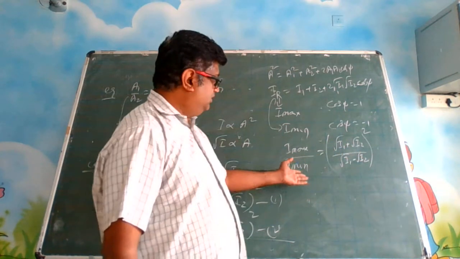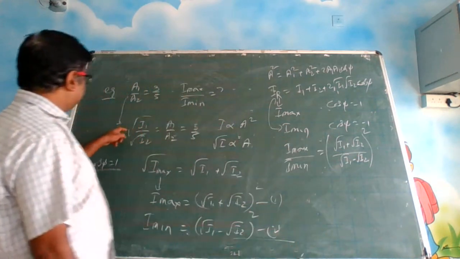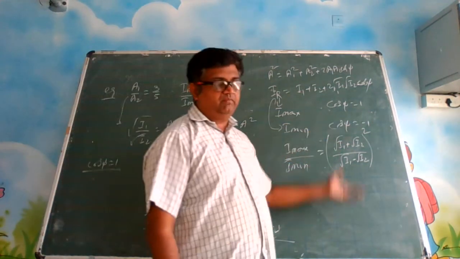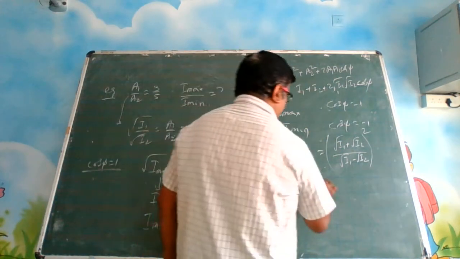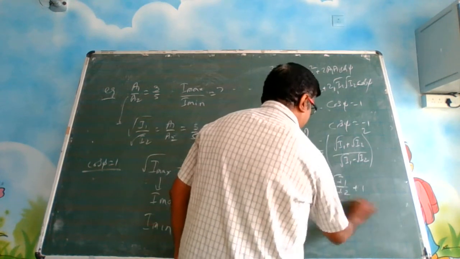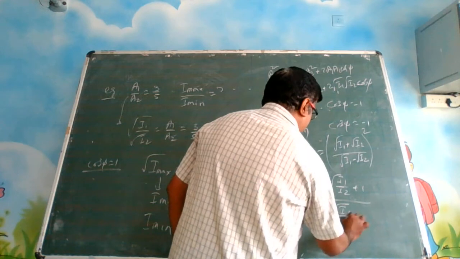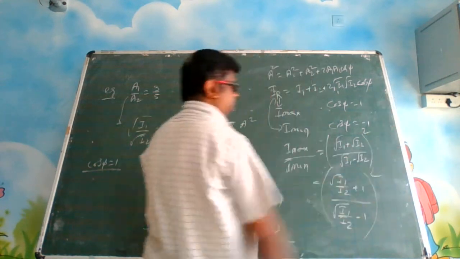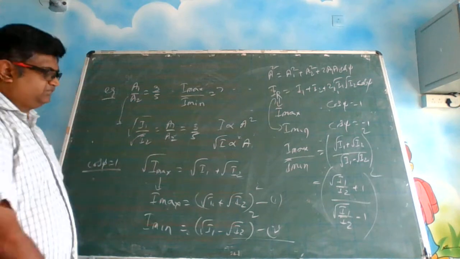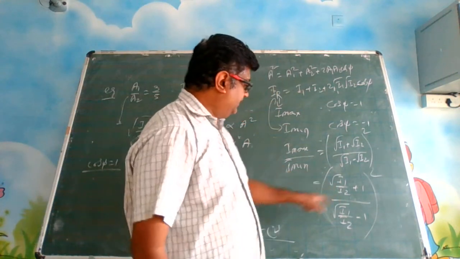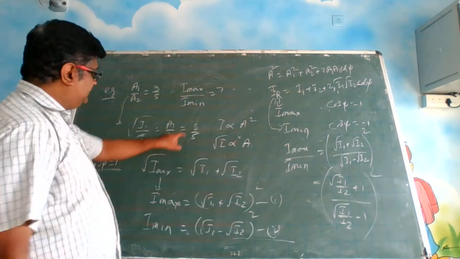Now what you will do? Whenever you see like this, what is given in the question? Root over I1 by I2 is given. So divide the numerator and denominator by root over I2. Then you will get root over I1 by I2 plus 1 divided by root over I1 by I2 minus 1, whole square. Root over I1 by I2 is given as 3 by 5.